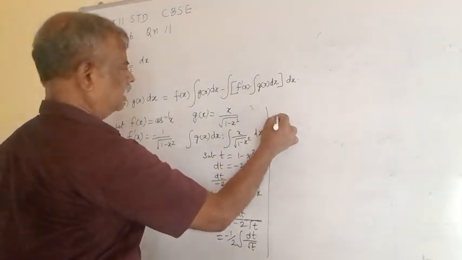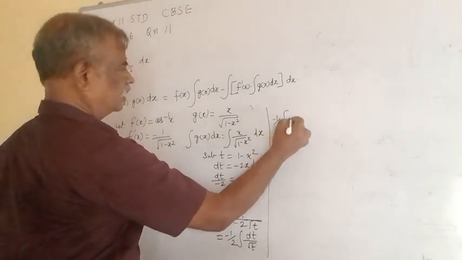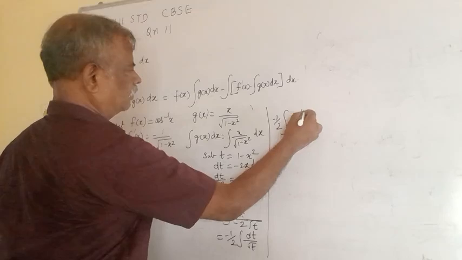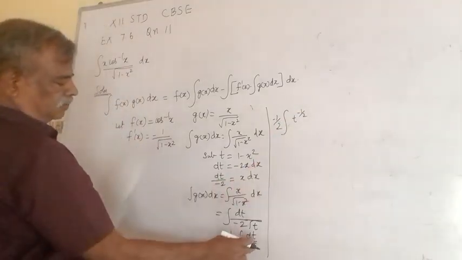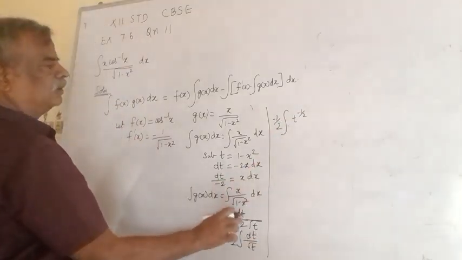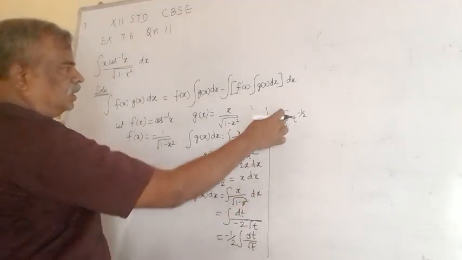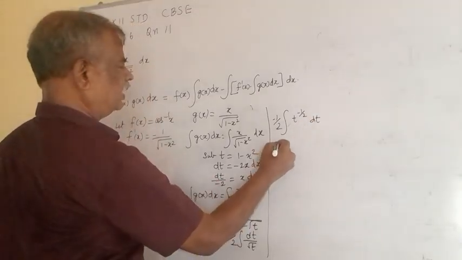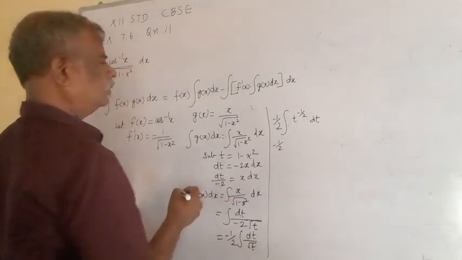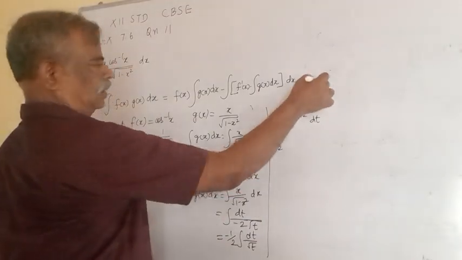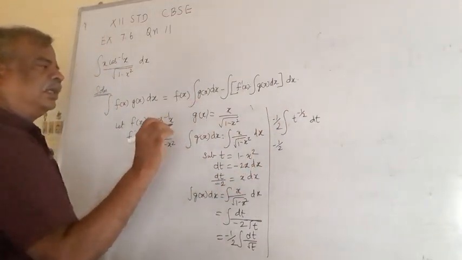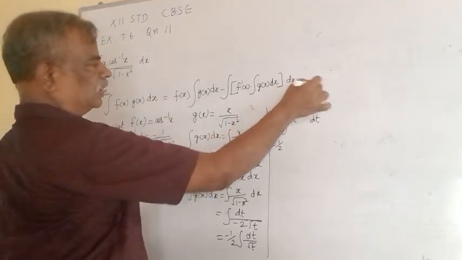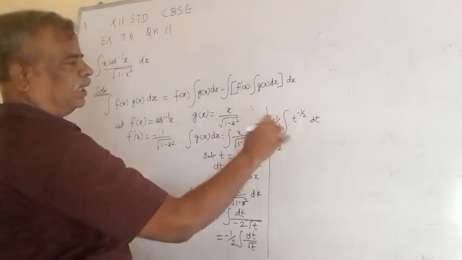Then it is minus 1 by 2 integration of t power minus half dt, because here t power is plus half, and if we take it to the numerator, it becomes t power minus half dt. What is the integration for it? Minus 1 by 2, and x power n is in the integration part. The integration result is x power n plus 1 by n plus 1.